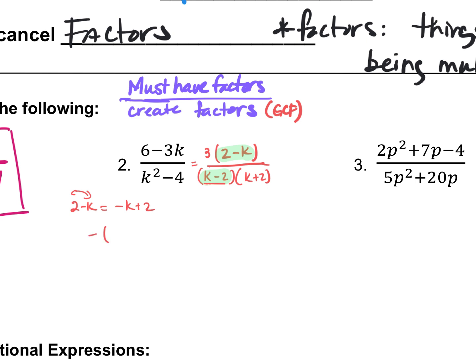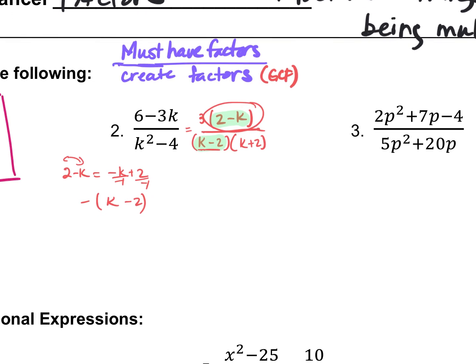Okay, so if I factor out a negative, which is the same as multiplying or dividing by a negative 1, that leaves me a positive k and a minus 2. So now that looks like that. So what I'm going to do is replace this with the one that we just created. Now I want to make sure that we're okay with how we write it so that we don't make any kind of weird mistakes. So I'm going to write our new one in blue.